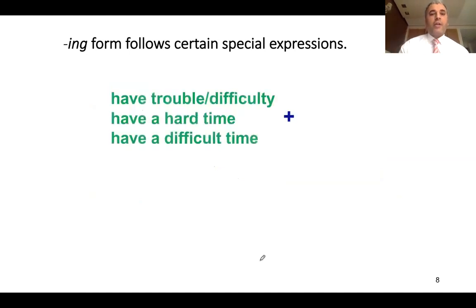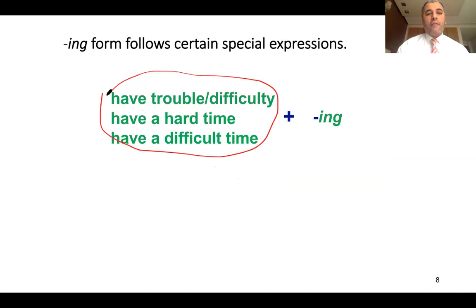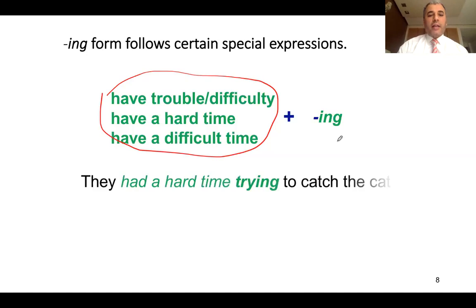ing forms follow certain special expressions, a continuation of other expressions. So you have here, for instance, have trouble, difficulty, have a hard time, have a difficult time, plus ing form. So again, these expressions, when you have them, you should follow them with a gerund. Example, they had a hard time trying, okay?